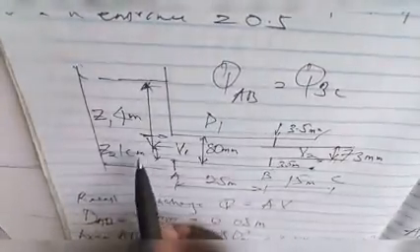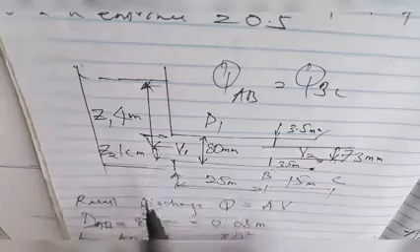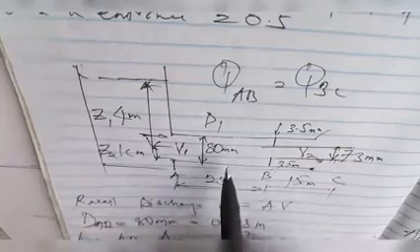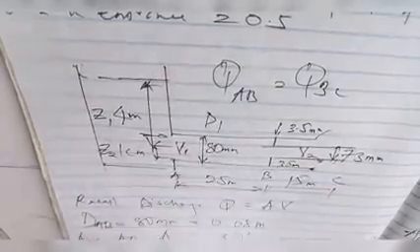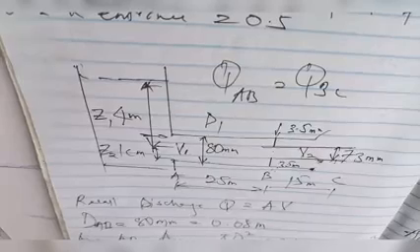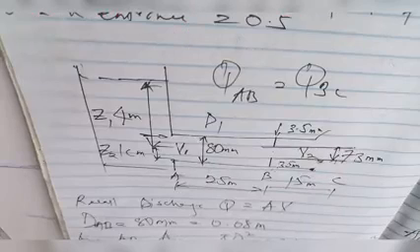So we said once the fluid enters into the pipe, it experiences a head loss. Now as the fluid enters successfully into the pipe, the pipe walls and the fluid surface are in contact. Due to this contact, it leads to what is called head loss due to friction, because friction involves two surfaces coming in contact.